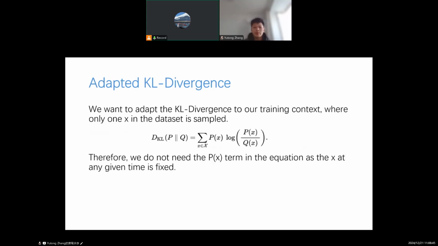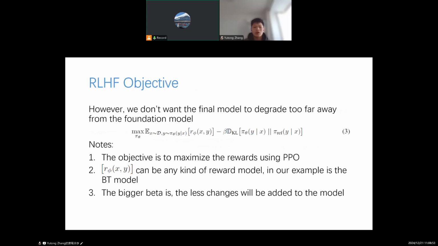Then we adapted this KL divergence to our training context, where only one X in the dataset is sampled, and we can get the final RLHF objective, right? So from this equation, we want to maximize our preference, the human preference, without getting too far away from the original model, right?